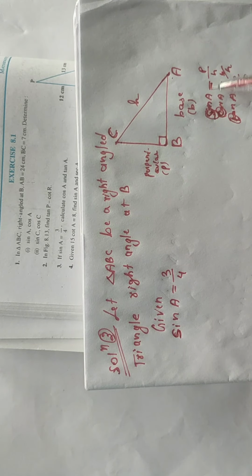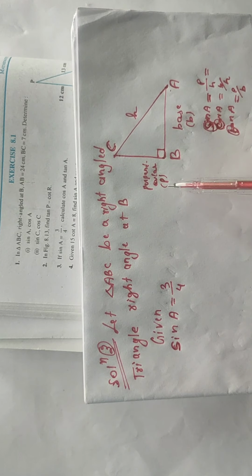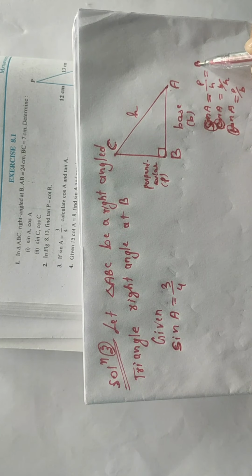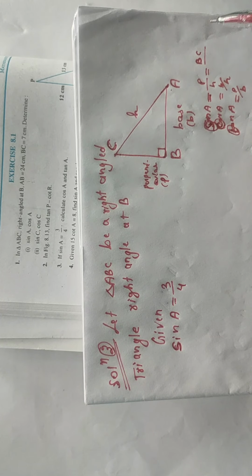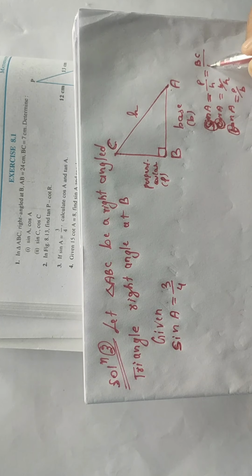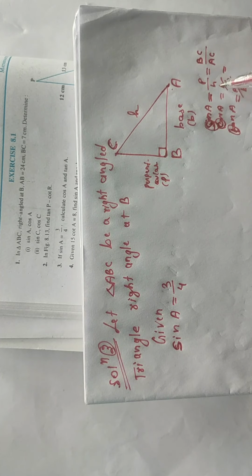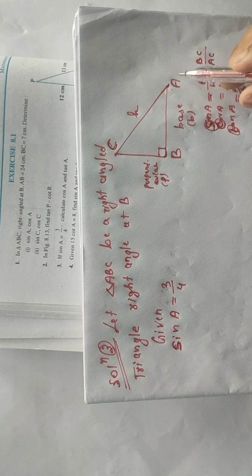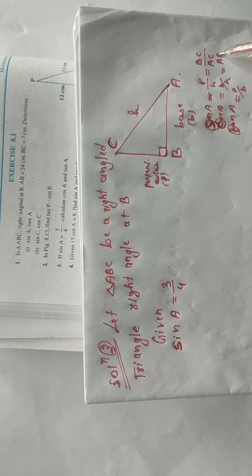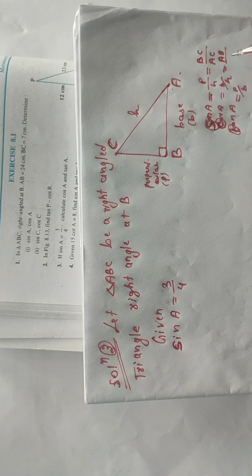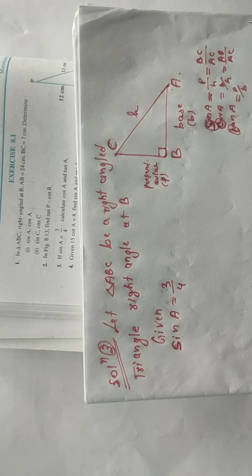Now P by H. Sin A equal to P by H. Now what is P here? P means side BC. So instead of P we can write side BC, and H is AC. So in this case cos A is B by H. Here B means AB, and H is AC.